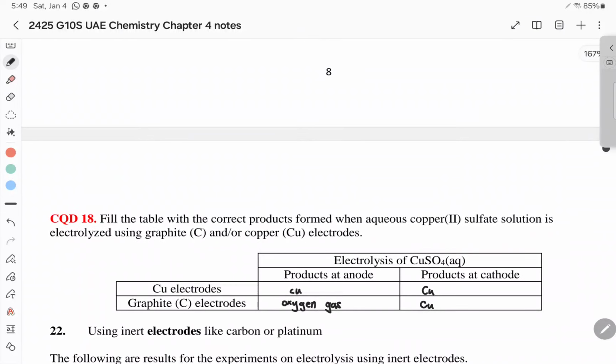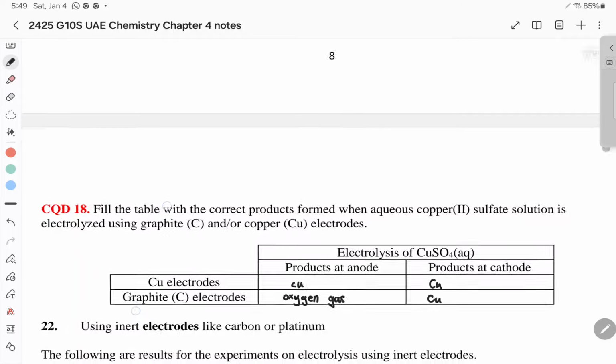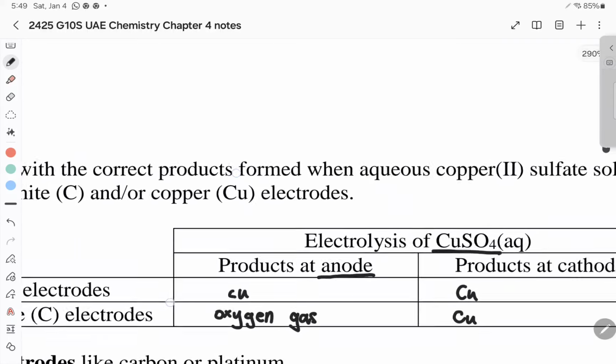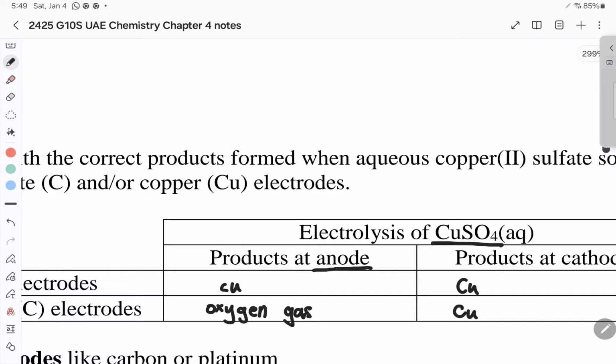So here they're asking us to fill up the table with the correct products when you use inert electrodes or copper electrodes. When you use copper electrodes, like we said, the copper is going to affect the reaction of the electrolysis of the CuSO4. It's CuSO4 plus H2O.